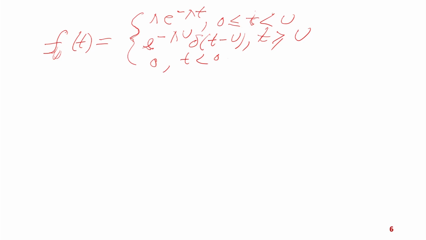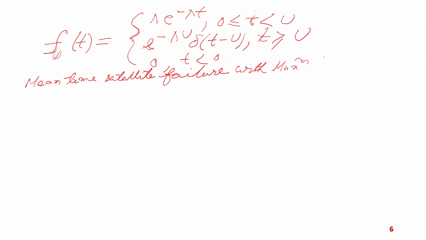So, now I can write the mean time of satellite failure with maximum life u. So, tau will be equal to, again we will use the expectation.